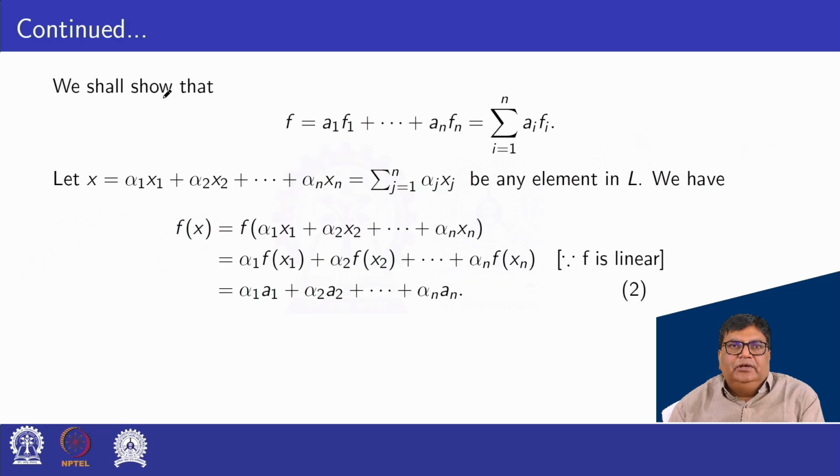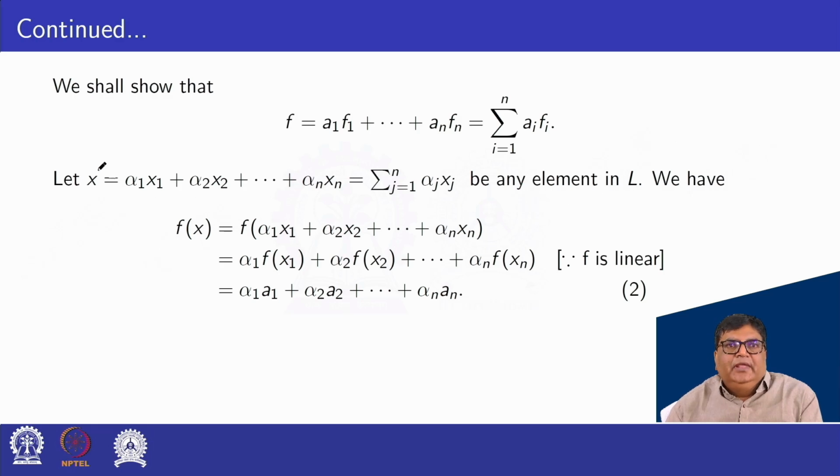We shall show that f is equal to a1 f1 plus and so on an fn, that is summation i equal to 1 to n ai fi. Let x equal to alpha 1 x1 plus alpha 2 x2 plus and so on alpha n xn, equal to summation j equal to 1 to n alpha j xj, be any element of L.